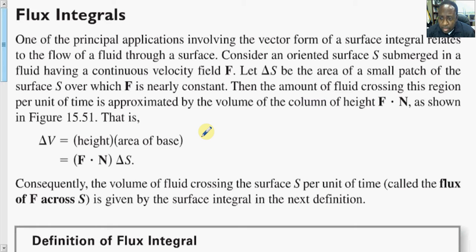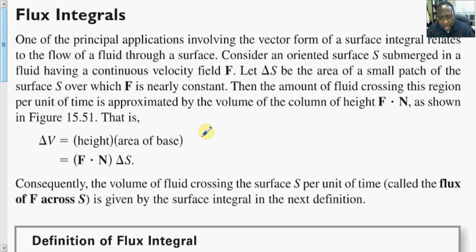flowing in. To calculate this fluid flow, we're actually calculating the volume of the height of a beam as the fluid is flowing across the surface. This volume can be approximated by the height and the base area.